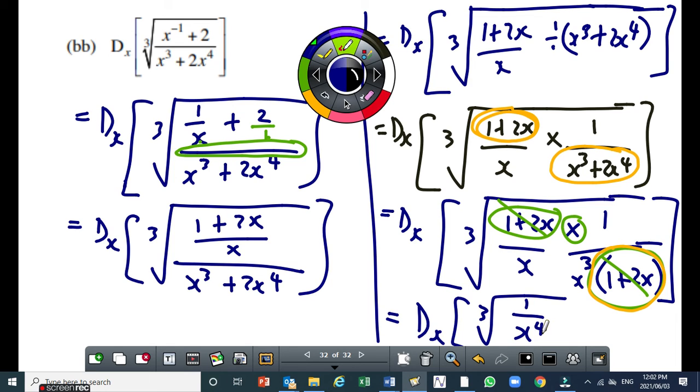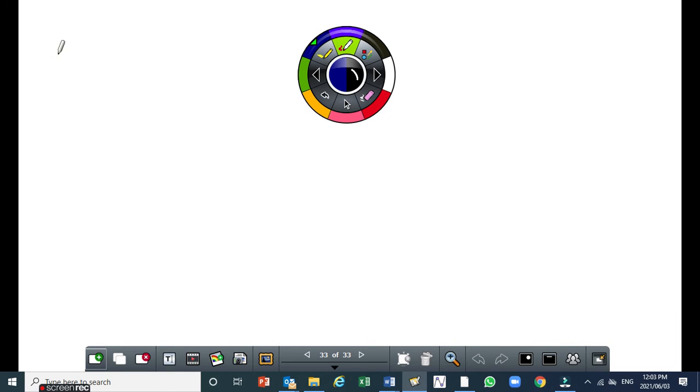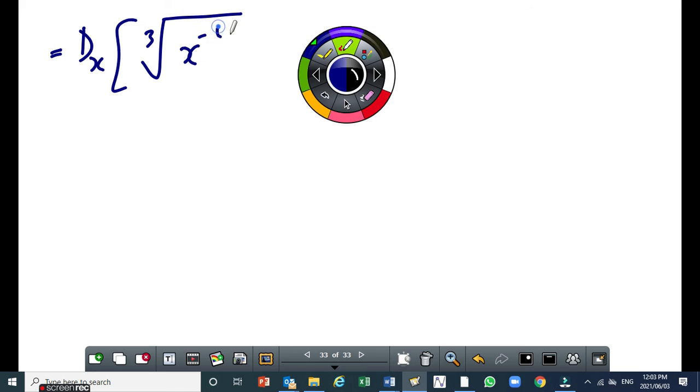Plus we also have that cube there, so we have to take into account both of them. Like my suggestion, let's deal with what's inside the root first. So this becomes d of x of the cube root of x to the power of minus 4. Then this will become d of x of x to the power of minus 4 over 3.